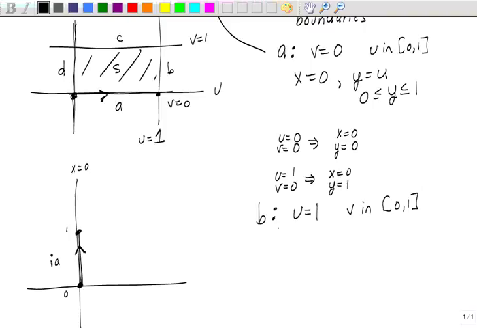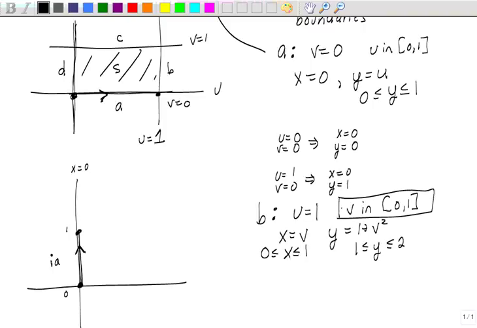Okay, so if u equals 1, again we substitute back in, and we get x equal v, y equal 1 plus v squared. Now x is between 0 and 1, and that means y is going to be between 1 and 2, because v is bounded between 0 and 1. So that's a parabola.